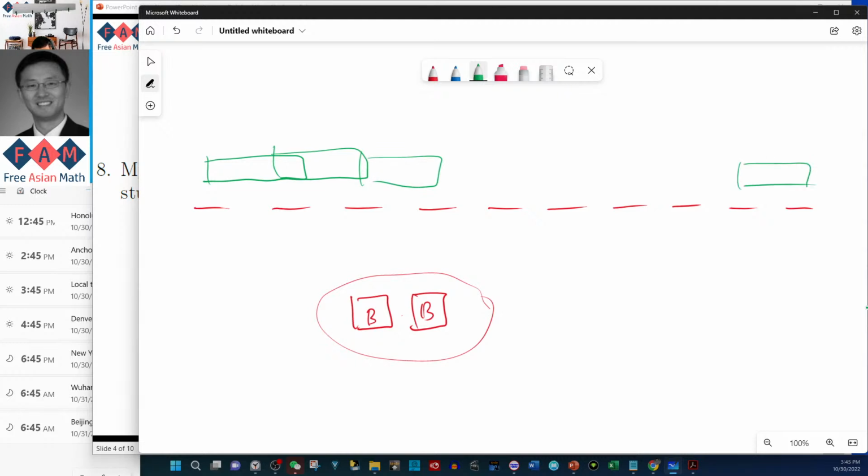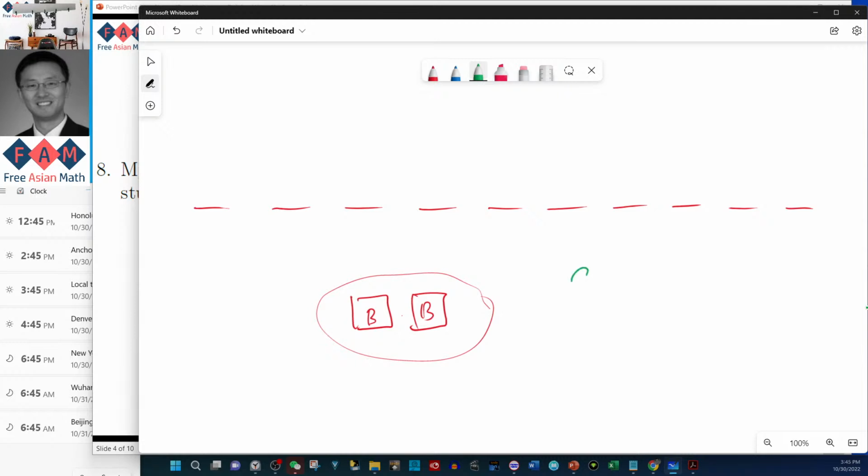Because you are combining 2 together, there are only 9 available ways for this block to be seated. You have 10 chairs, but you slide through, you can never reach 10. So you only have 9 ways to seat this block of 2 boys.